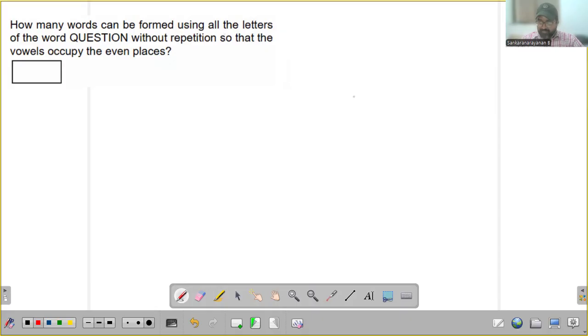That's the question. So when I am observing this word QUESTION, I can see that altogether there are 8 letters. Now please observe closely. Among these 8 letters, U is a vowel, E is a vowel, I is a vowel, O is another vowel.